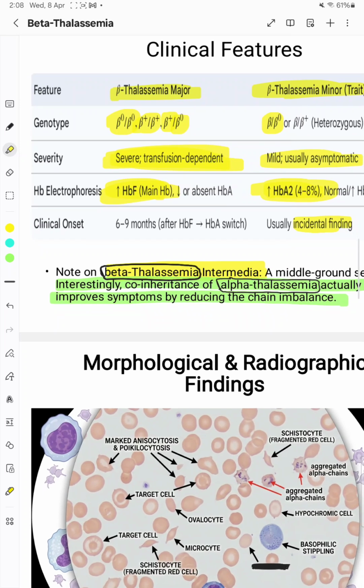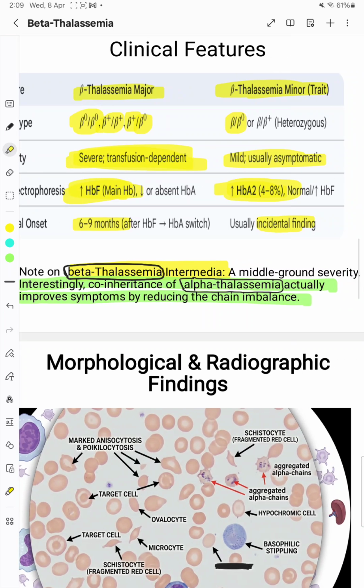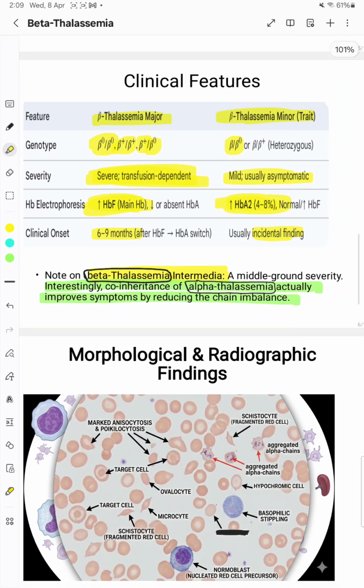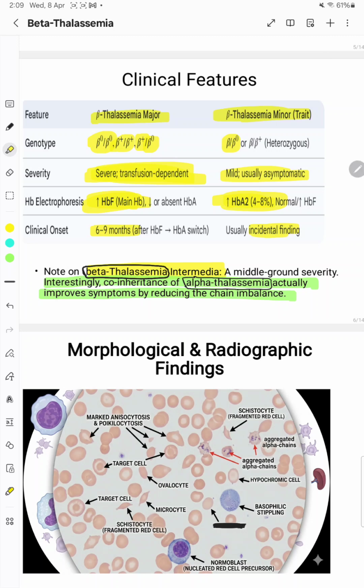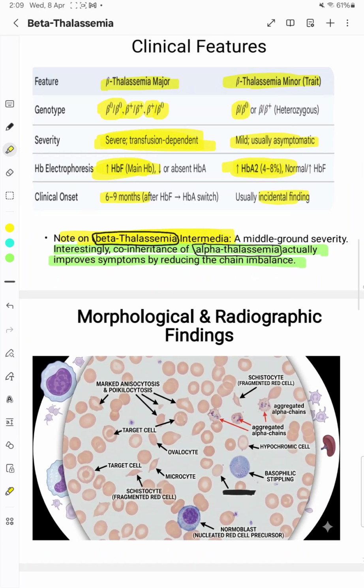Clinical onset of symptoms is after 6 to 9 months in beta thalassemia major, and as we have already said, beta thalassemia minor or trait is an incidental finding, mostly asymptomatic. Beta thalassemia intermedia is holding the middle ground in the severity between beta thalassemia minor and major.